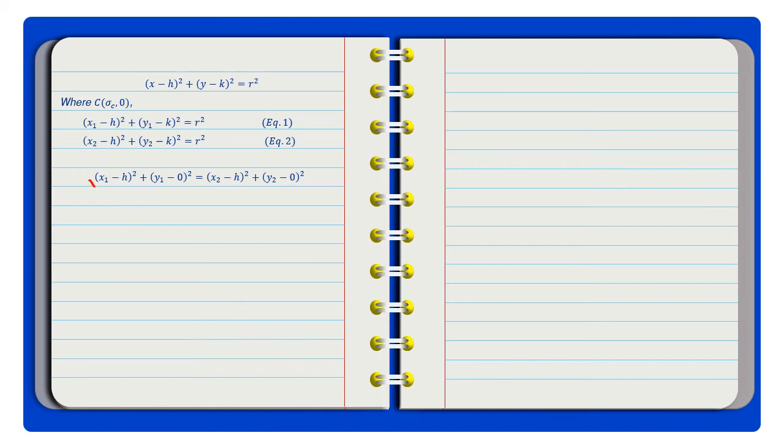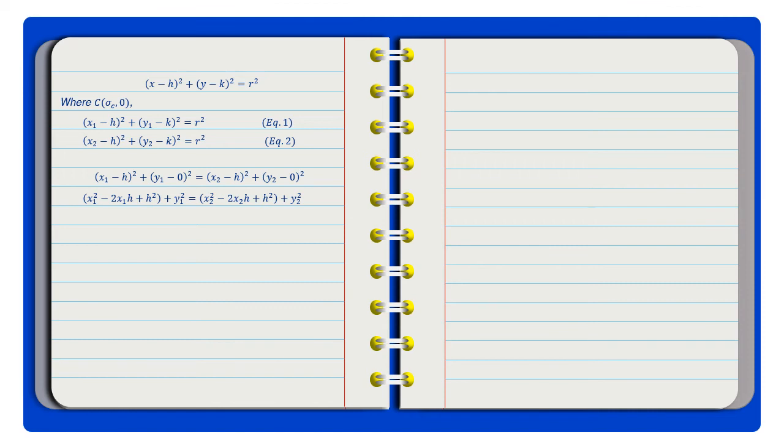So, i-simplify natin tong x sub 1 minus h squared at x sub 2 minus h squared. So, we will now have an x sub 1 squared minus 2x sub 1 h plus h squared. Tapos yung y sub 1 is magiging squared din, and we have x sub 2 squared minus 2x sub 2 h plus h squared plus y sub 2 squared.